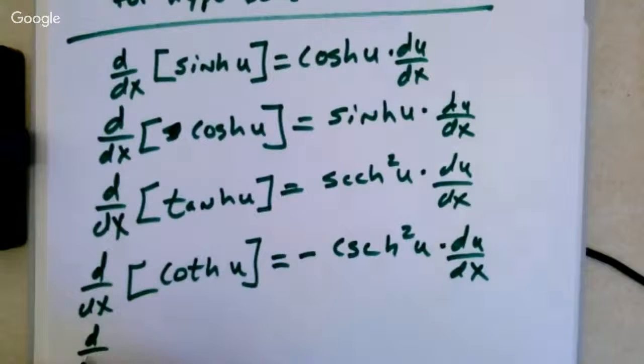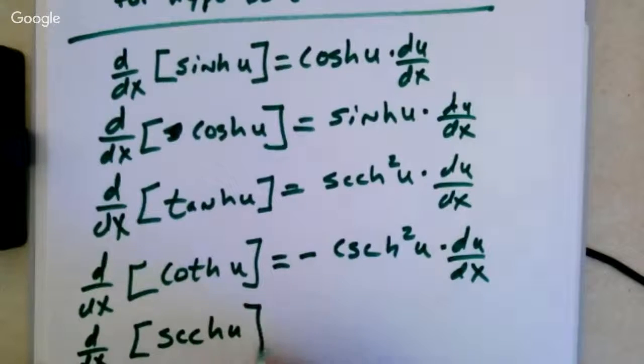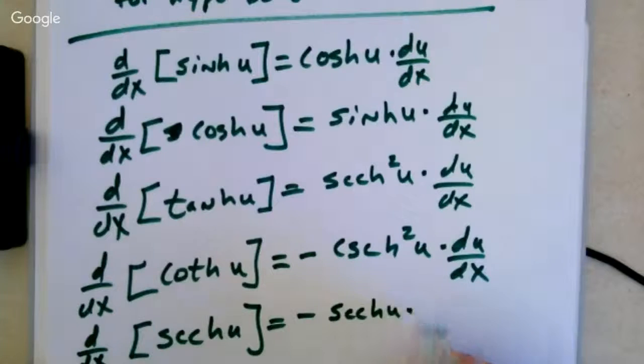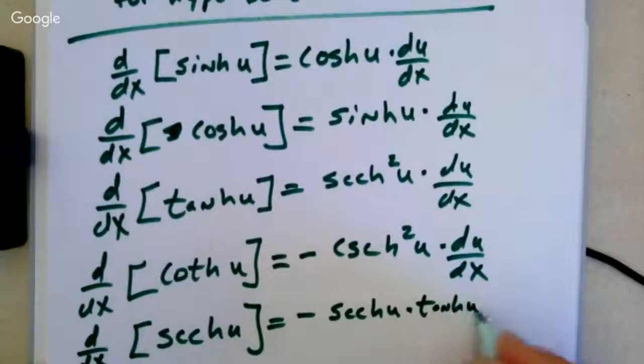The derivative of secant normally is negative secant, tangent. So for hyperbolic, it's negative secant hyperbolic, tangent hyperbolic, du dx.